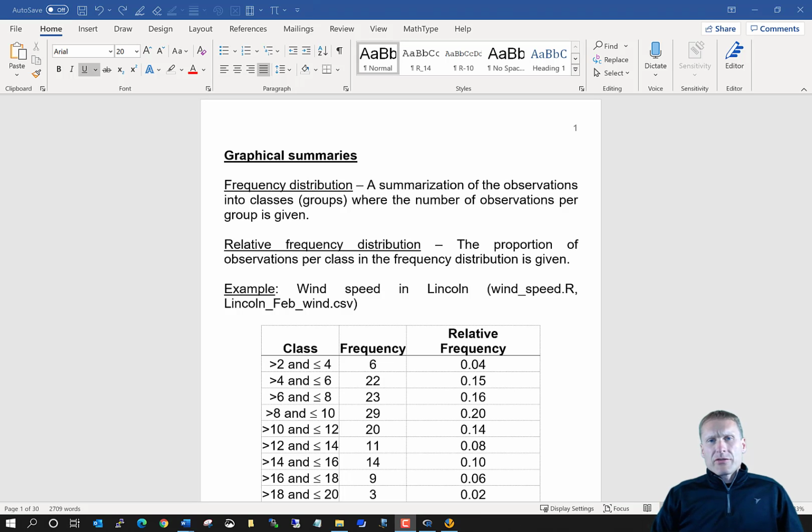Okay, our next section is on graphical summaries of observations, or graphical summaries of the information that's in our sample. Now, I really like doing graphs or plots because it can help you understand, or give you an initial picture of what your sample is representing.